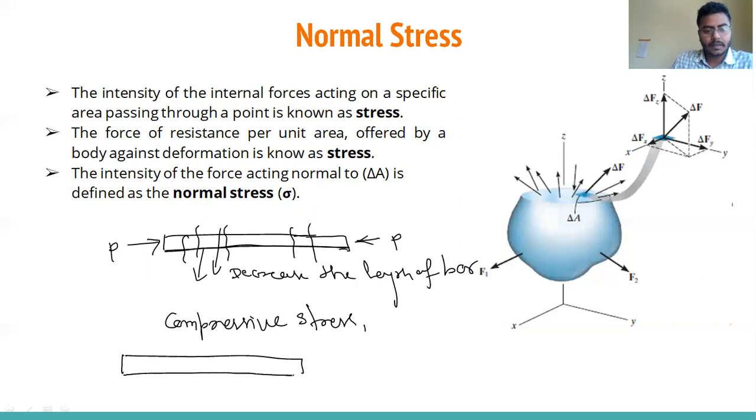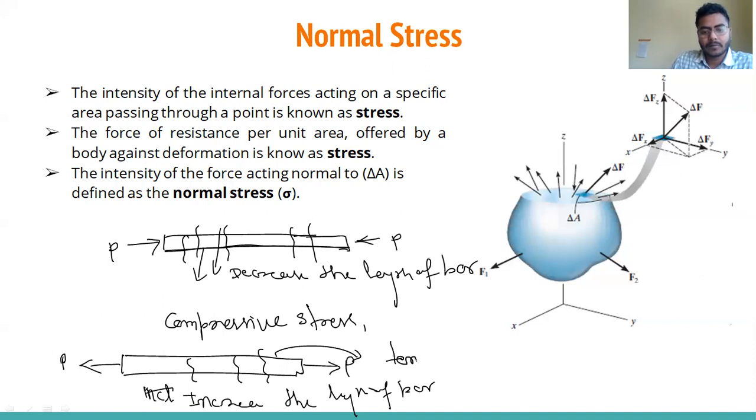Similarly, when two equal and opposite pulling forces P are acting, in this case the length of the rod will increase. So whatever stress develops in this case, we call it tensile stress.